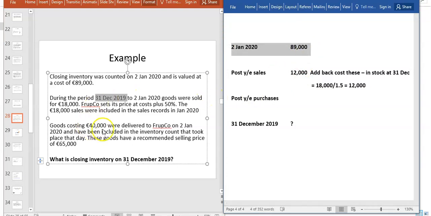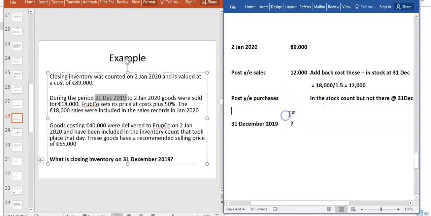Goods costing 40,000 were delivered on the 2nd of January and have been included in here. So these were in the stock count, but not there at 31st December. So these have to be excluded. They're included in that 89,000, but actually they only arrived on the 2nd of January.